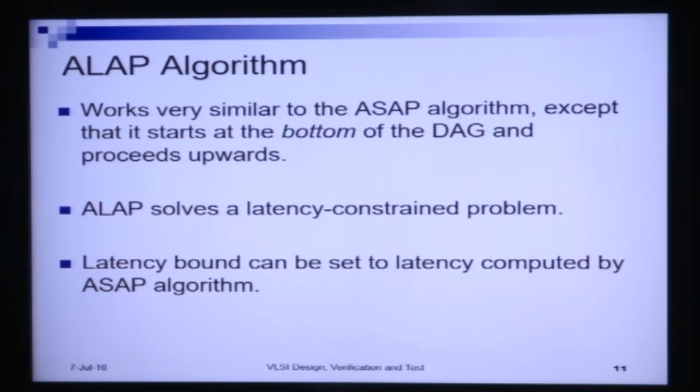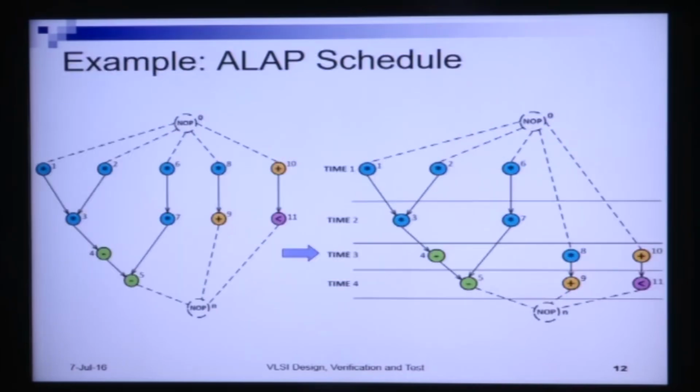ALAP solves the latency constraint problem, and we can give any latency bound that is suitable to us. Obviously, we can give the latency bound that has been computed by the ASAP algorithm. For example, in the previous ASAP schedule we had obtained a latency bound of 4. So, if we use the same latency bound 4 and apply it to the ALAP algorithm, we will obtain something like this.